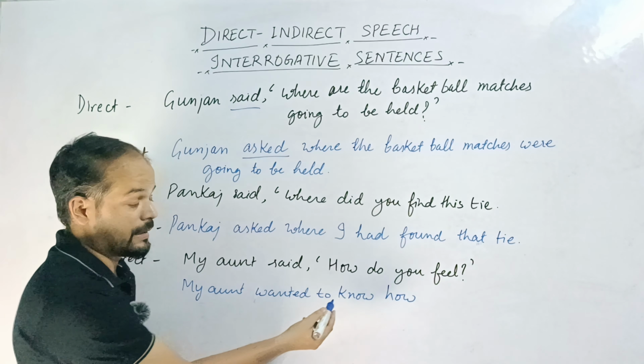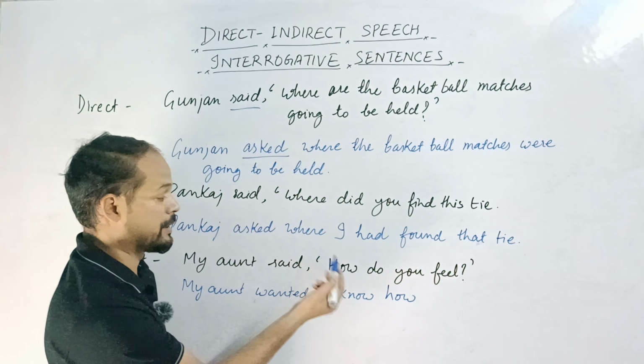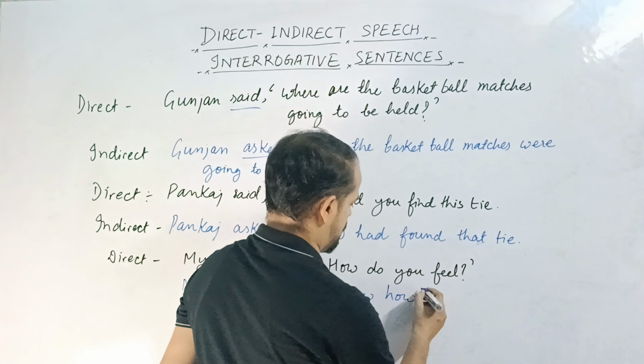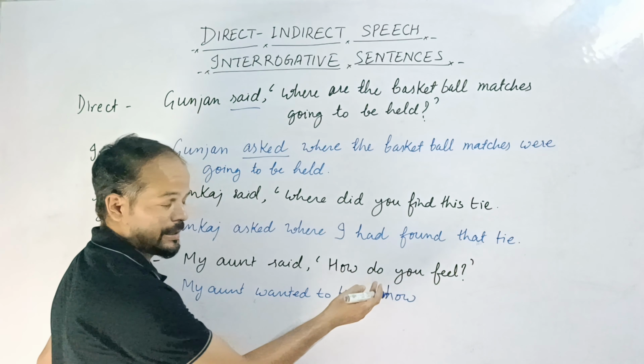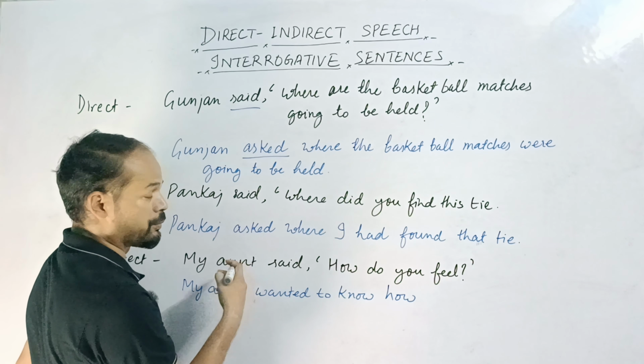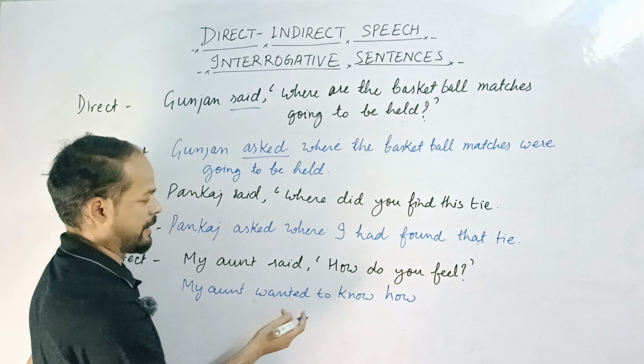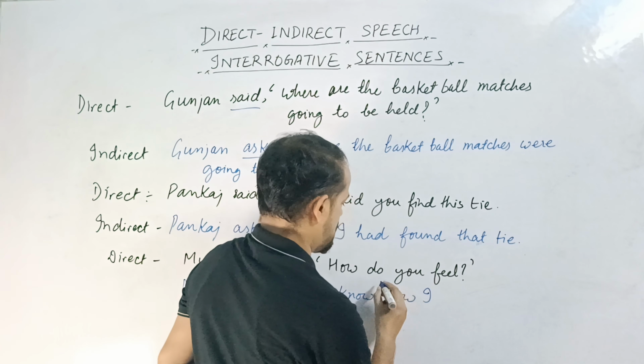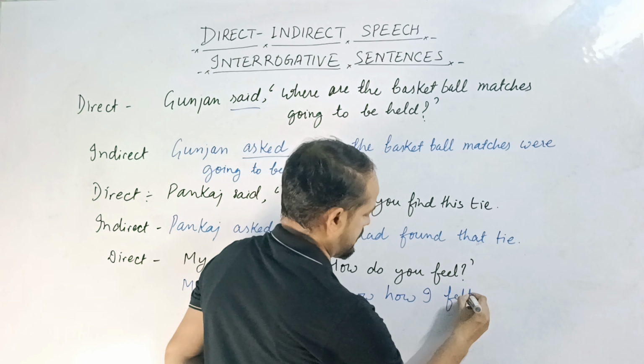This is a simple present tense, so it will be changed into simple past tense. How? And other changes like pronoun will be changed here. You has been used for me. Okay, how I felt, so how I felt.